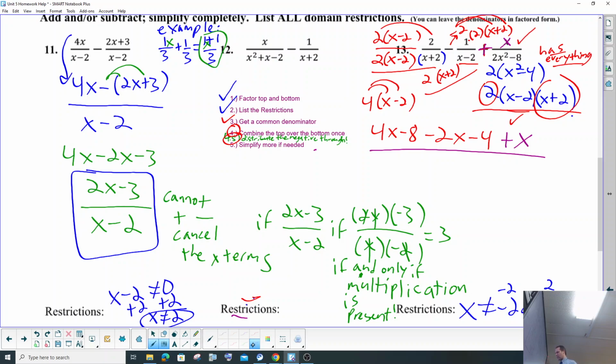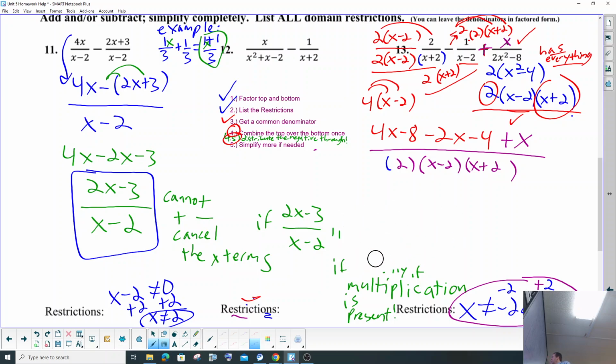And our denominator is, what's our denominator? So our denominator is 2 times x minus 2 times x plus 2, with our restrictions of negative 2 and positive 2. Okay, so we're nearly done. Now we combine the top. So we have a 4x and a negative 2x and a plus x.